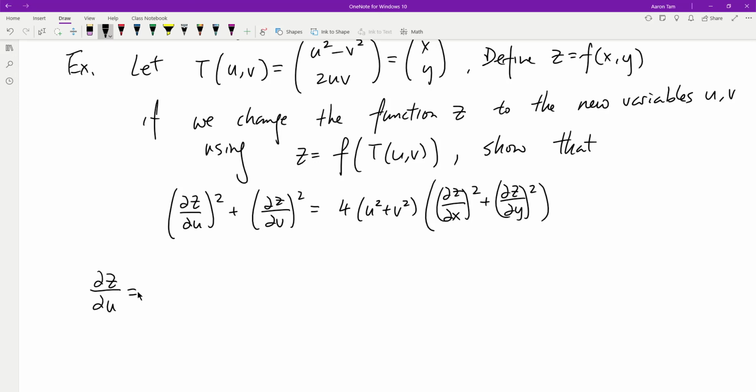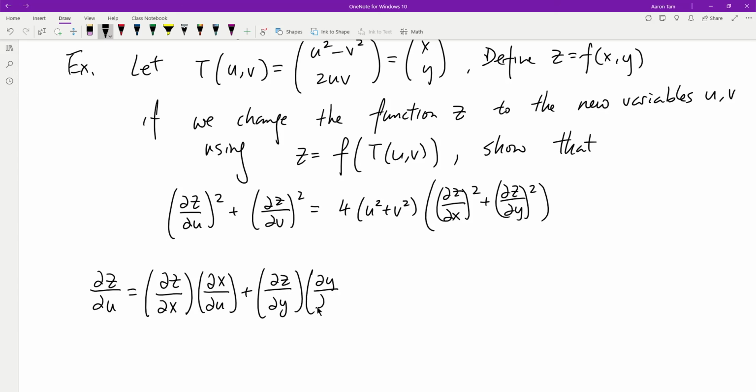But u changes x and y, which in turn changes z. So that's what the chain rule is. Now I'm going to write out my chain rule. Maybe I don't have to write it so big, now that you have an idea as to how that works. So dz over du equals dz over dx multiplied by dx over du plus dz over dy multiplied by dy over du.